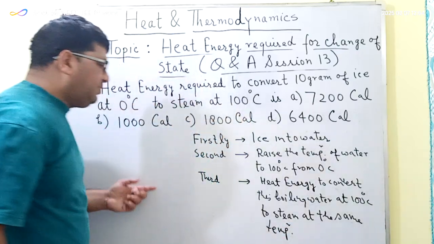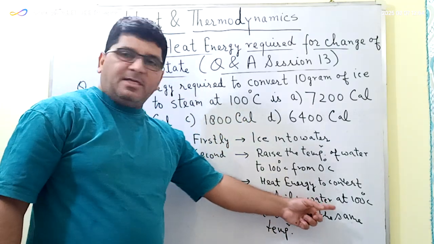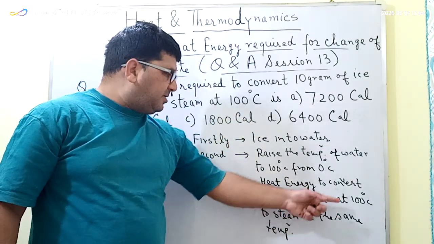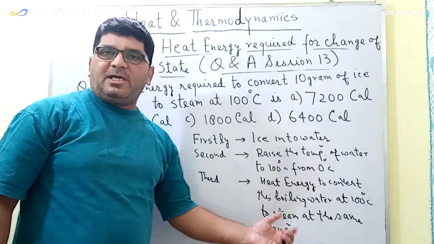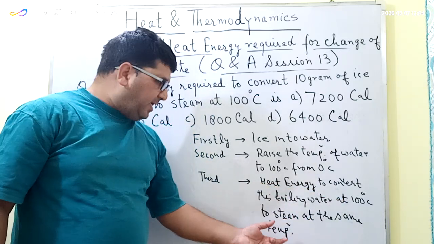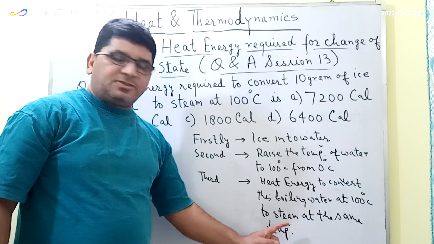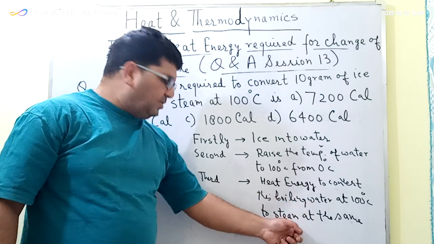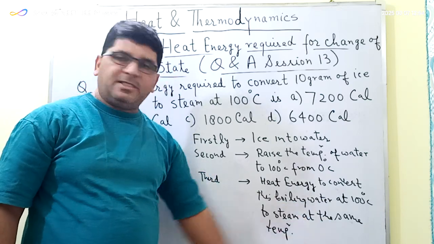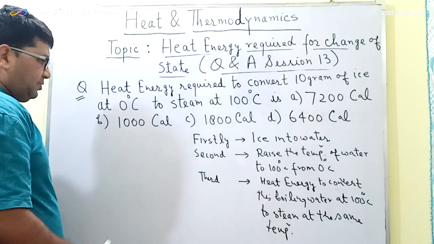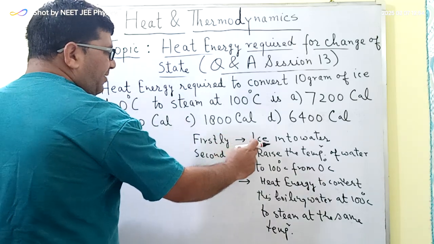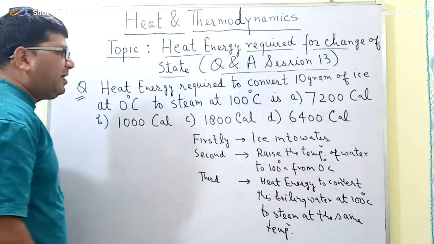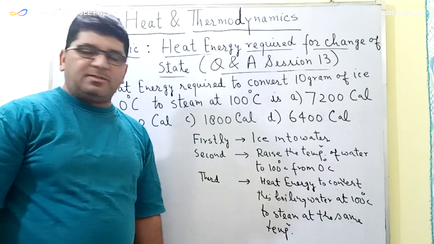So, in order to convert this boiling water at 100 degrees centigrade to the steam at 100 degrees centigrade, I will again provide the latent heat so that this water converts into steam at the same temperature, that is at 100 degrees centigrade. So, first thing is that I have to convert this ice into water by providing the latent heat of fusion.